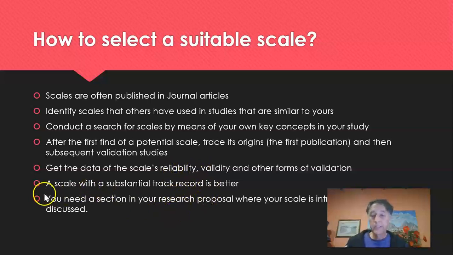So it is better to get a scale with a substantial track record because, like I say, it immediately projects your study into a much more favorable and better position. So in your research proposal, or your methodology chapter where you discuss the data collection instrument, that is where you insert the information about the scale and its properties. All right.